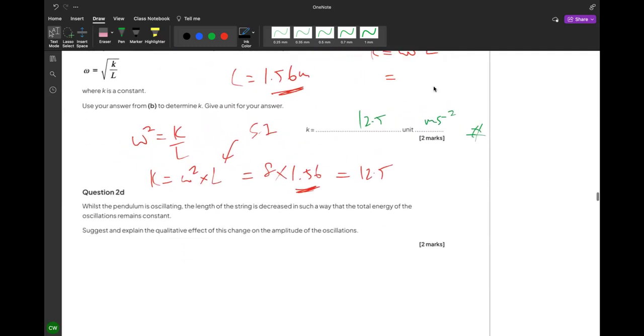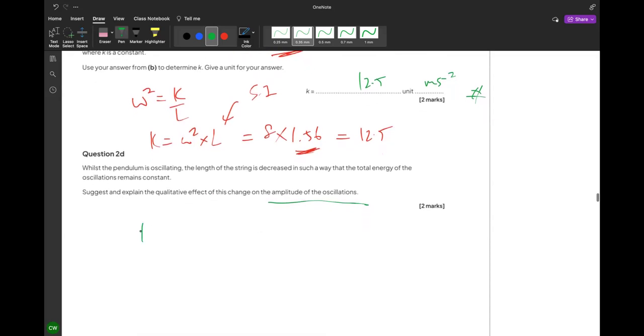Okay, next one. While a pendulum is oscillating, the length decreases in such a way that the total energy remains constant. Explain the qualitative effect of this change on the amplitude of the oscillation. Total energy is half m omega square s naught square.